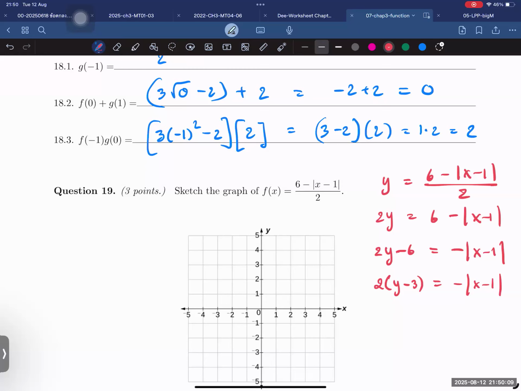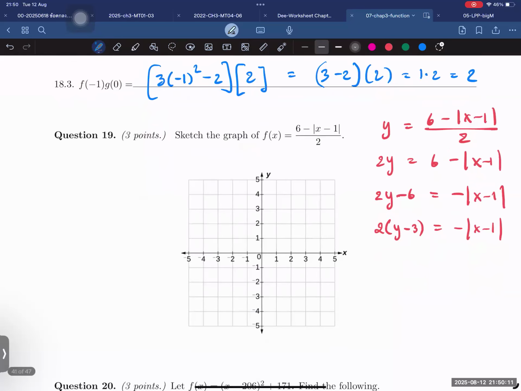All right. So we know how to draw the graph of absolute value, right? For example, we have y equal to absolute x. This is going to be the V shape, right? But y equal to negative absolute x, this is going to be like this. And because of this and this, it's going to be shifting the graph. Okay, just roughly sketch the graph first.